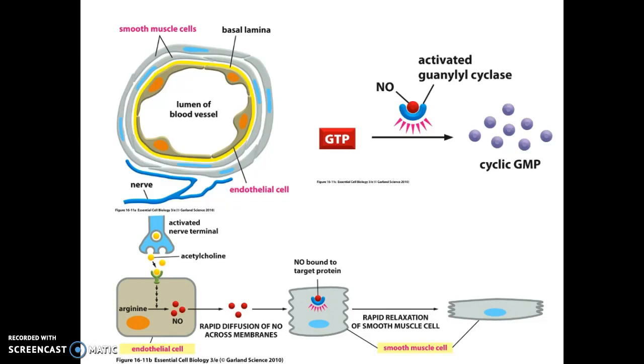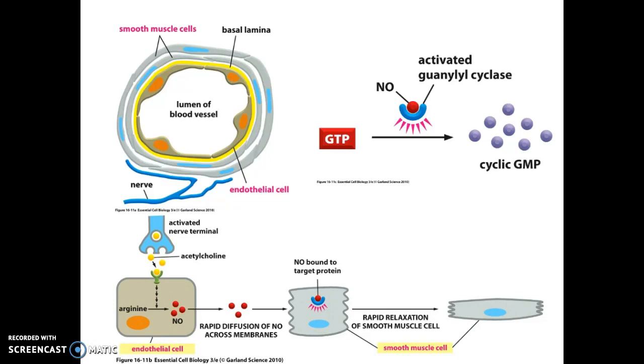Guanylate cyclases turn GTP into cyclic GMP, and cyclic GMP can gate open a sodium channel. And so in response to nitric oxide, we have vasodilation. The smooth muscle goes from contracted to flaccid.